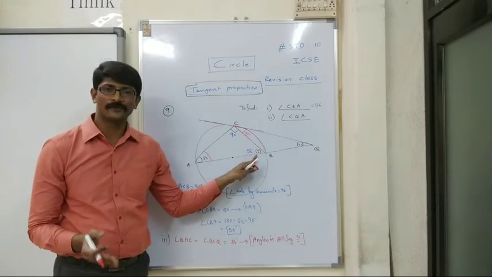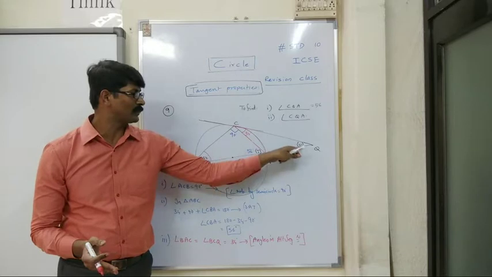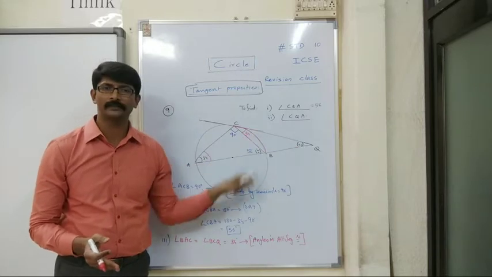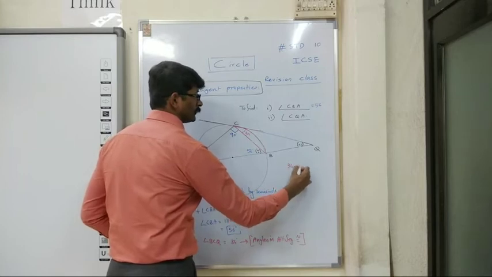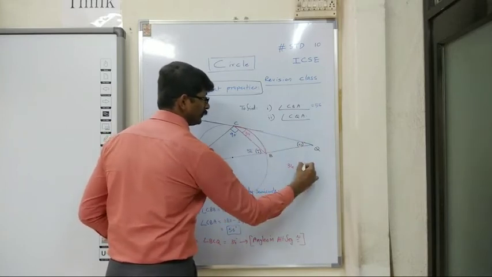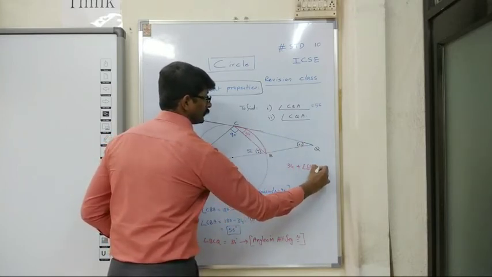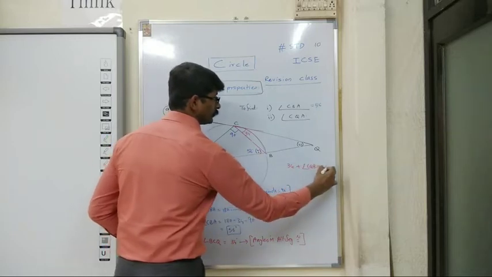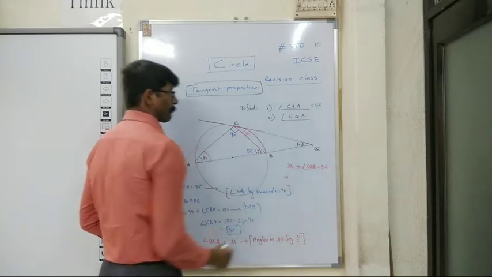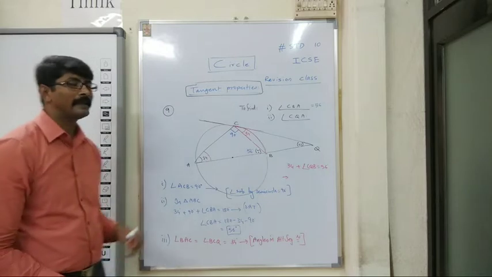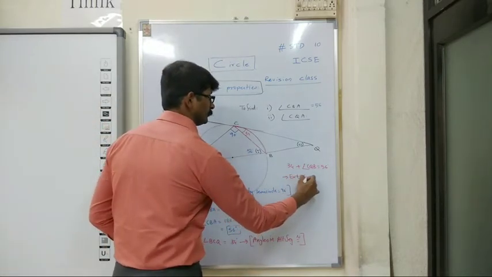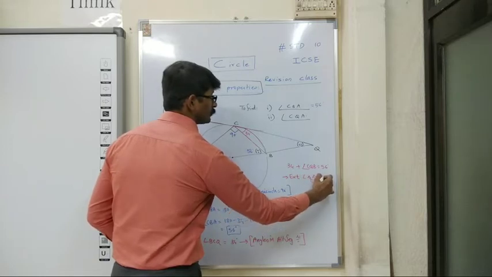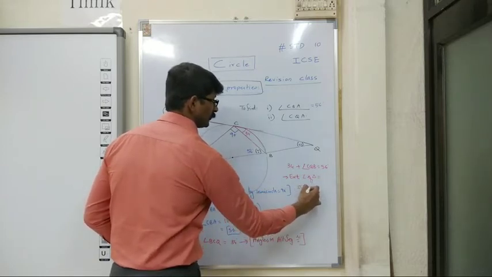Exterior angle of the triangle is always equal to the sum of its remote interior angles, isn't it? So 34 plus angle CQB is equal to 56 degrees. What is the reason for this? Exterior angle of the triangle is equal to the sum of its remote interior angles.